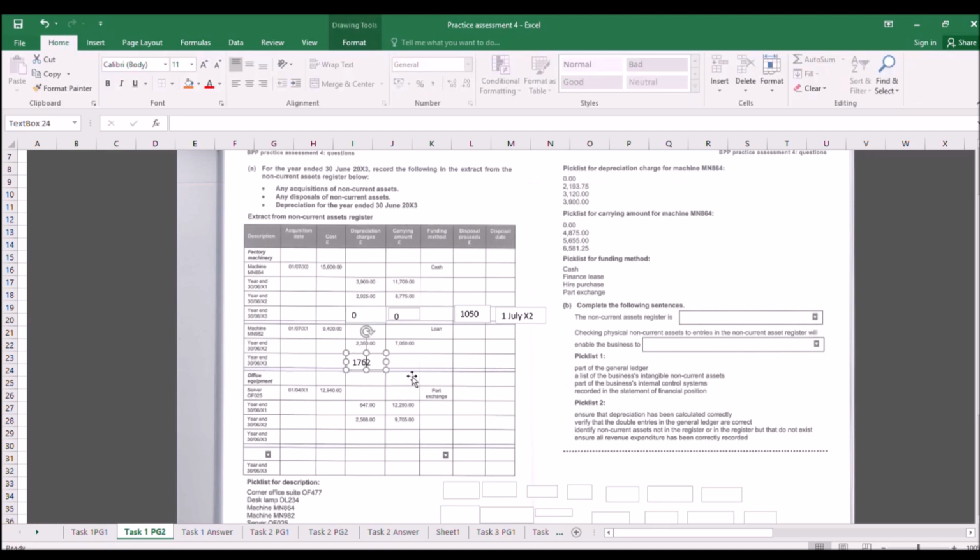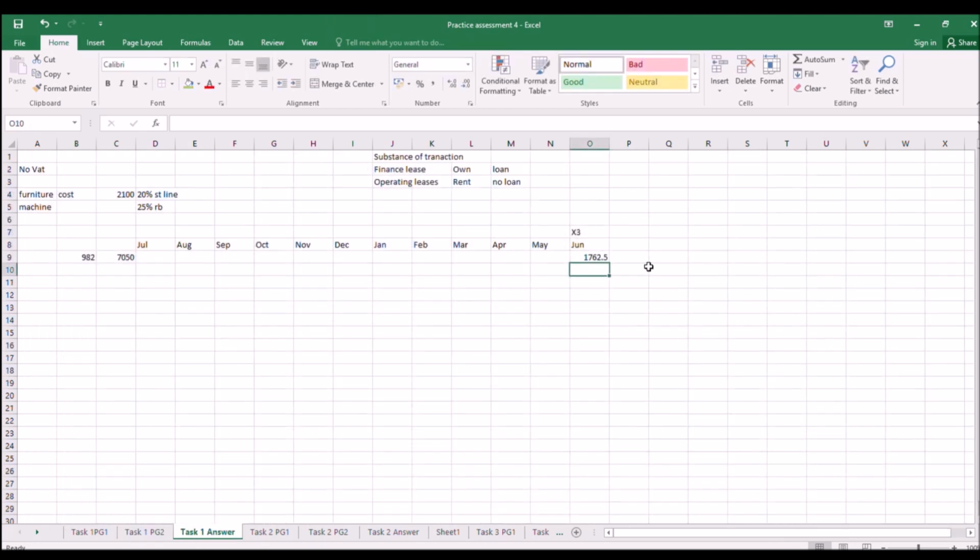I'm not even sure whether this is actually part of the assessment because I can't see any drop-down boxes, but I'm not going to waste the opportunity anyway to do this. And so then our carrying value at the end of the year is going to be 5287.5.